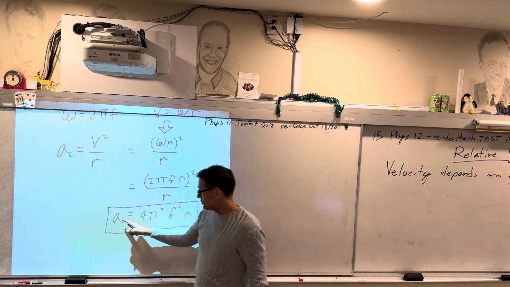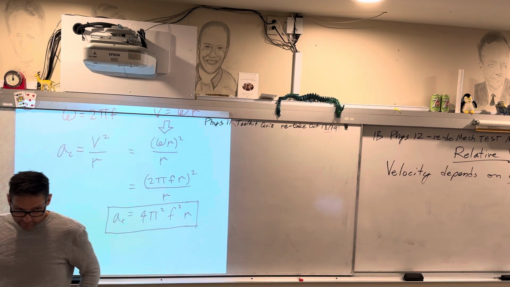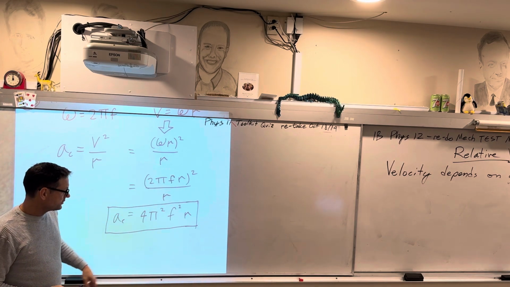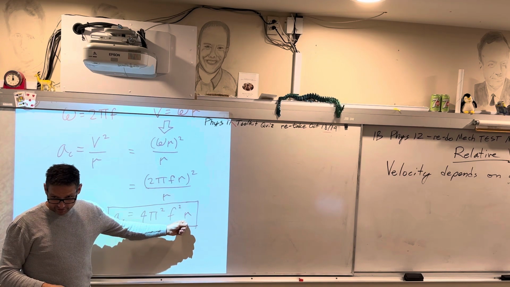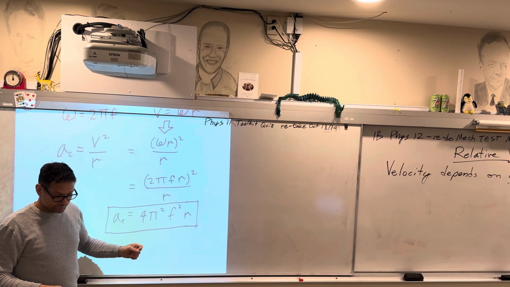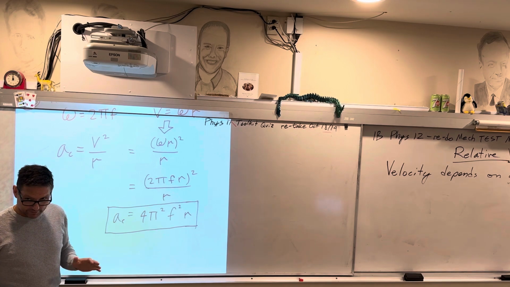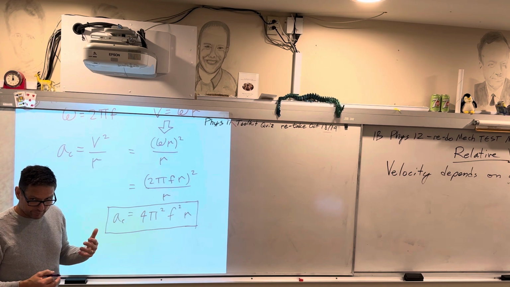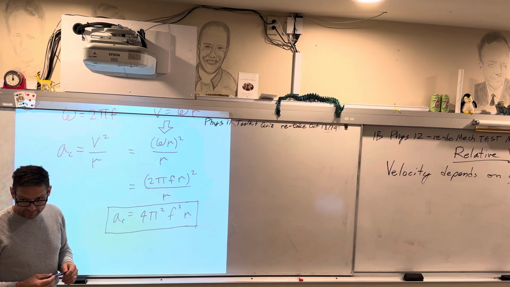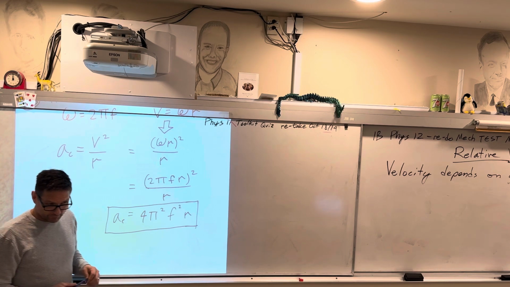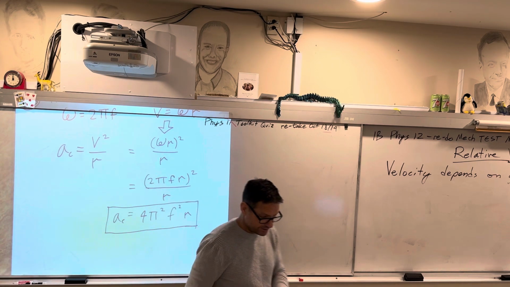So your centripetal acceleration is proportional to the square of your frequency and your radius. Okay, that's nice with things like particles and light and things like that. We'll talk more about that later. I just want you to see it.